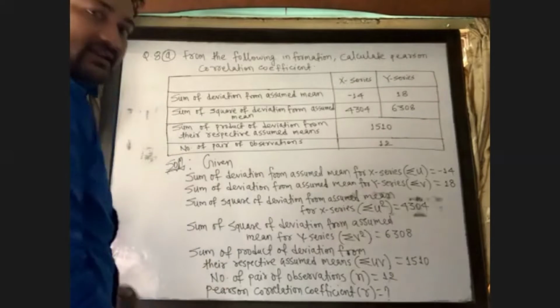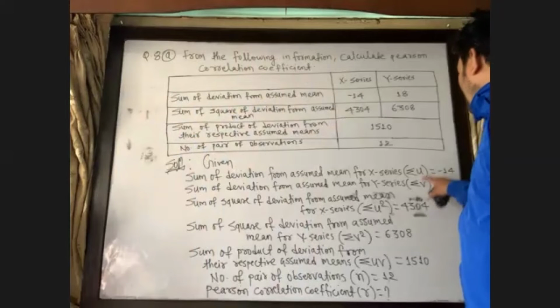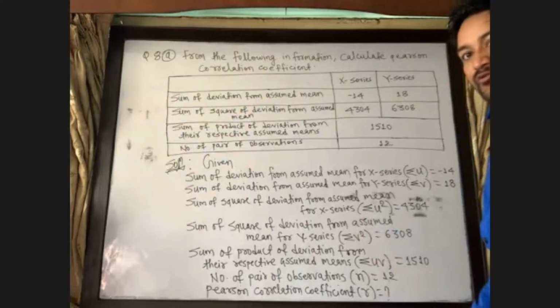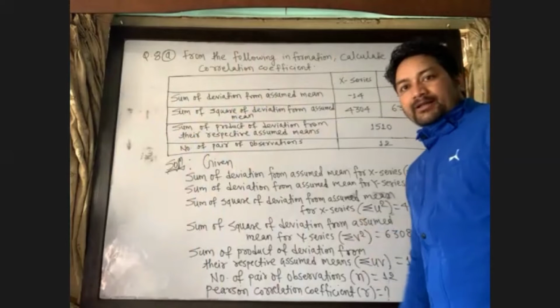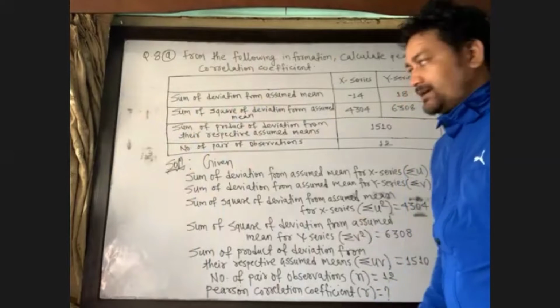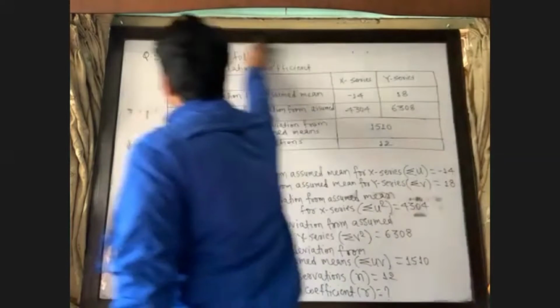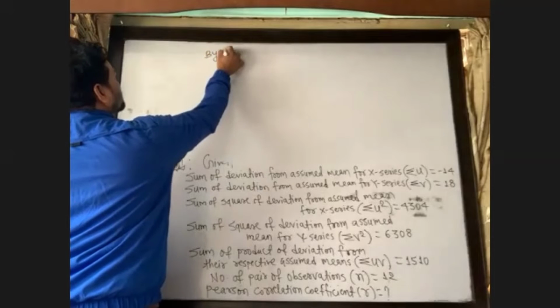So now let's find R. We know everything: summation U, summation V, summation U square, summation V square, and summation UV. We know everything we require, so we can find it. Let's use the formula.